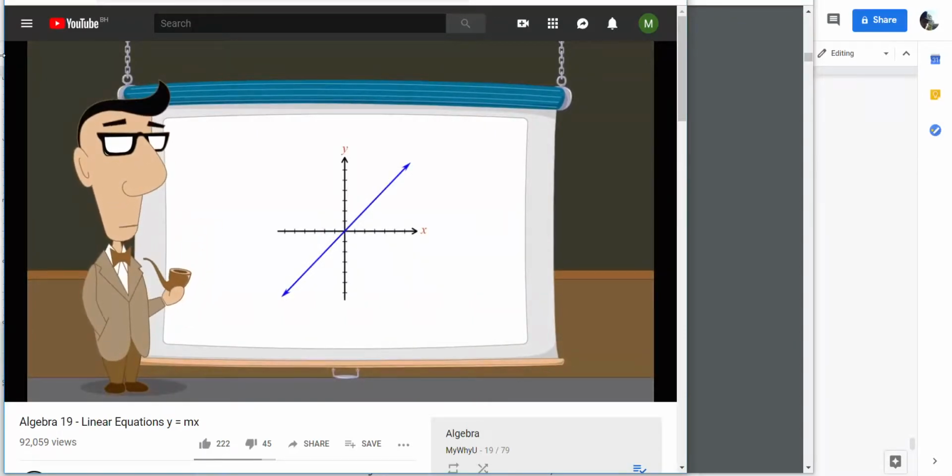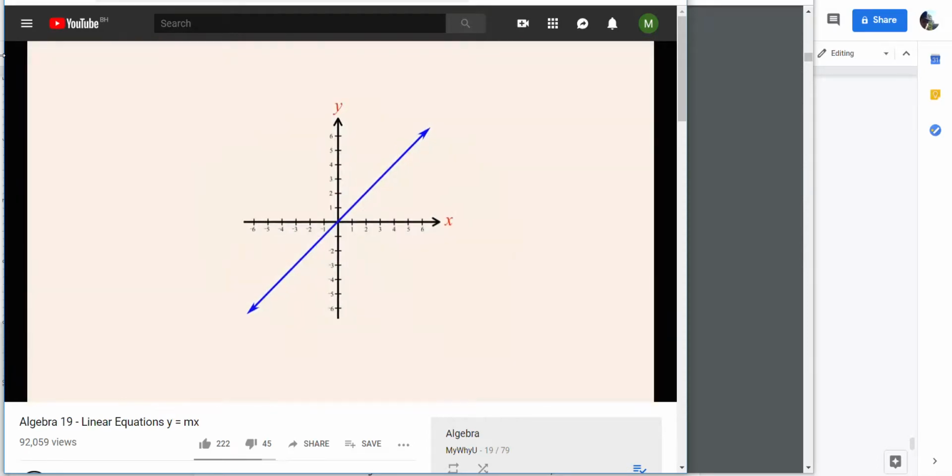Lines are simple geometric shapes, and so the equations which describe them are also simple. As an example, let's create an equation which describes this linear graph. Notice that the x and y coordinates of each point on this line have the same value. For instance, when x has a value of 5, y also has a value of 5.